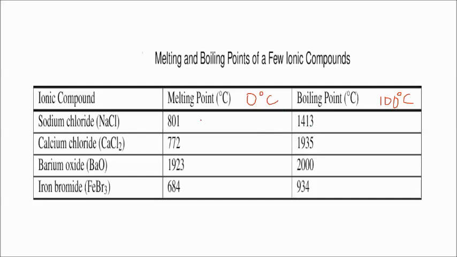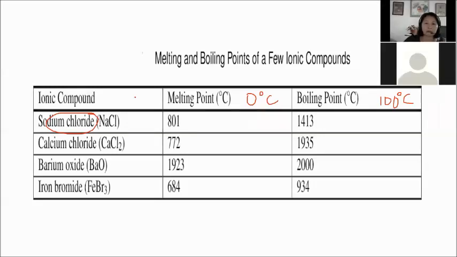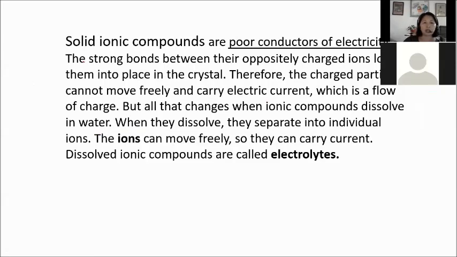As you can see, very high. Take note, this is in pure crystalline form. For barium oxide, we have 1923 for the melting point and 2,000 for the boiling point. So, very high melting and boiling points compared to water.